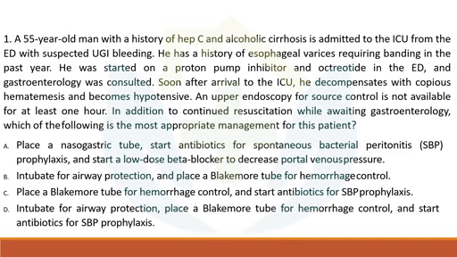Last, intubate for airway protection, place a Blackmore tube for hemorrhage control and start antibiotics for SBP prophylaxis. So, what do you feel is the correct answer out of this? You can answer in the chat box and then we'll discuss what exactly is the correct answer.